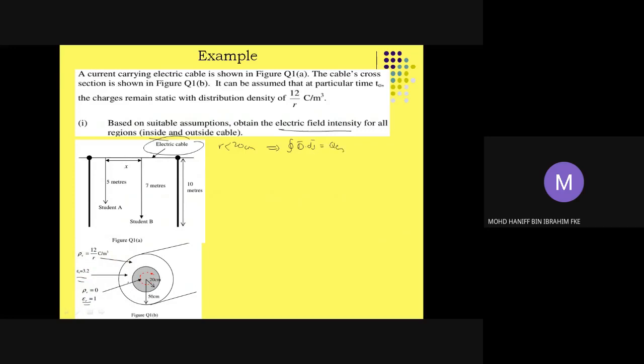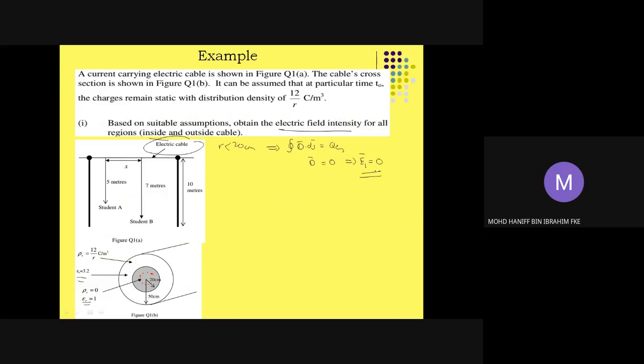We can see that there is no charge inside this Gaussian surface, because rho v is 0 inside this gray structure. Knowing that Q enclosed is 0, D will also be 0, and as such the electric field intensity E1 will be 0 also.